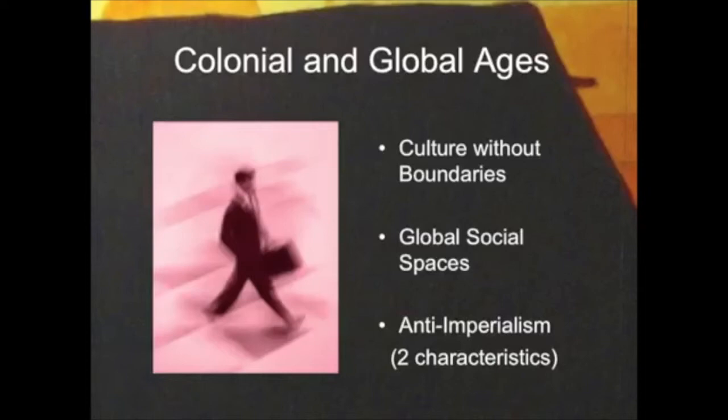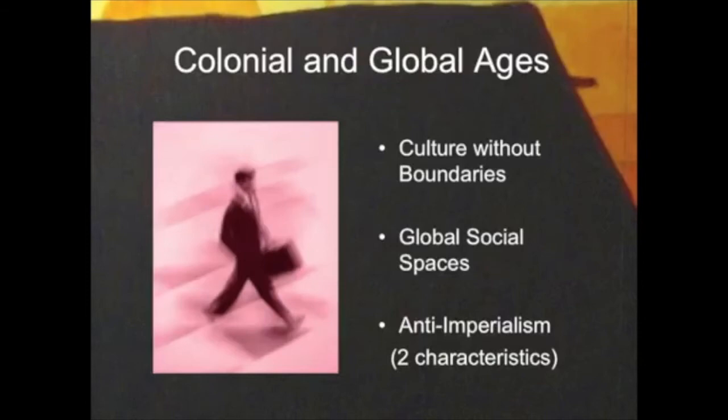For anthropologists looking at globalization and the history which led up to it, this idea of a global social space or global social spaces seems to be synonymous with or can even take the place of our traditional understanding of what culture is.